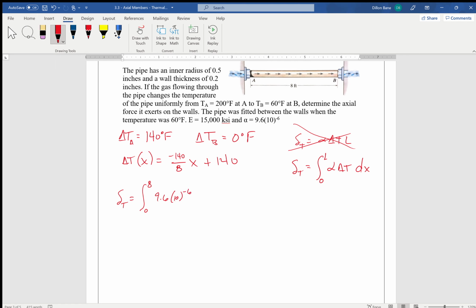And delta T is negative 140 over 8x plus 140, all of this times dx. So if we do this, this is 9.6 times 10 to the negative 6. We can pull that out of the integral.